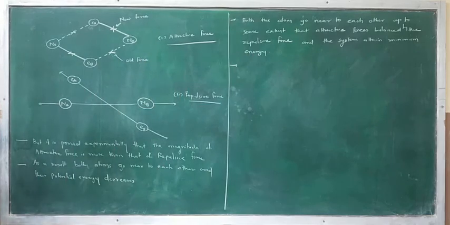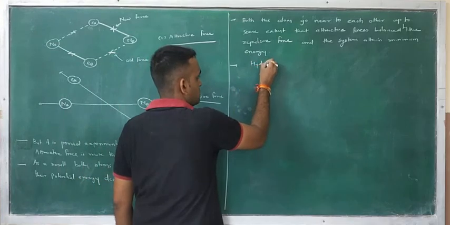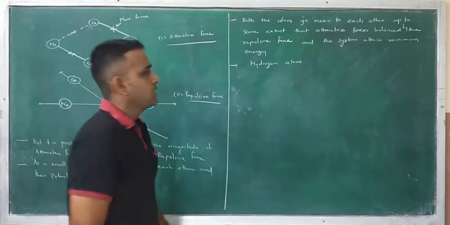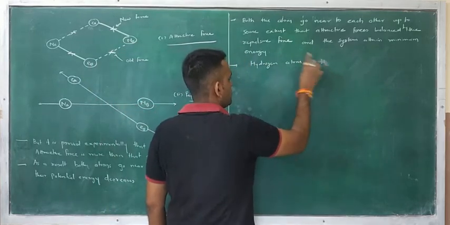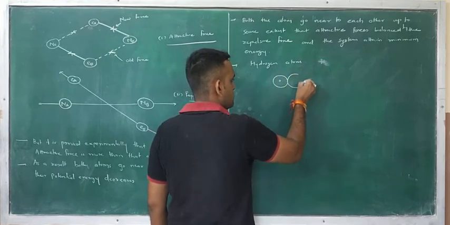As for example, let us suppose if I take the hydrogen atom. चलो मैं हाइड्रोजन एटम लेता हूँ। तो आपको मालूम है कि अगर हाइड्रोजन एटम is H2 है, two hydrogen atoms are there. So here this is one hydrogen atom and this is second hydrogen atom, right?